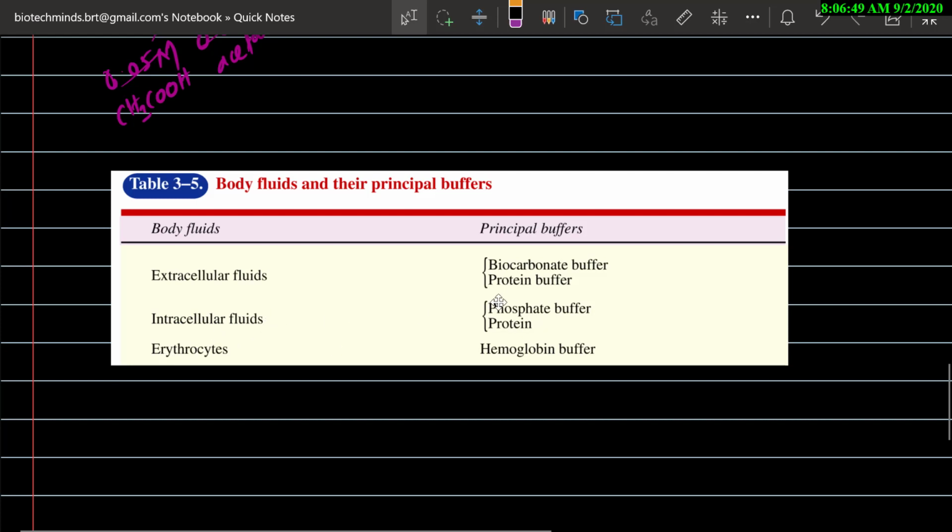In intracellular fluids, phosphate buffer and protein buffer are present. In erythrocytes, hemoglobin buffer is present. That is, intracellular fluids means in all kinds of cells, phosphate buffer and protein buffer are present, including RBC. But especially in RBC, there is a special type of buffer present that is known as hemoglobin buffer.